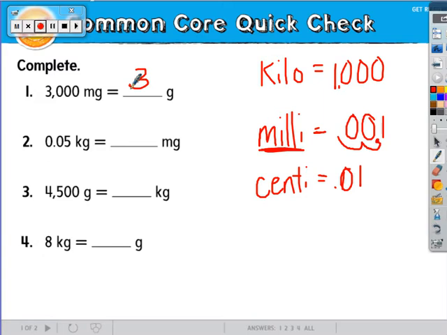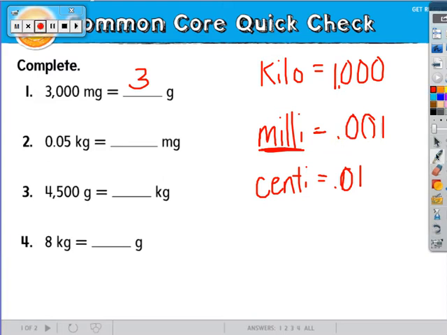Now we have 0.05 or 5/100ths of a kilogram. And how many milligrams is that going to be? 1,000. So let's see. Let me erase our little thing here. There's my decimal.